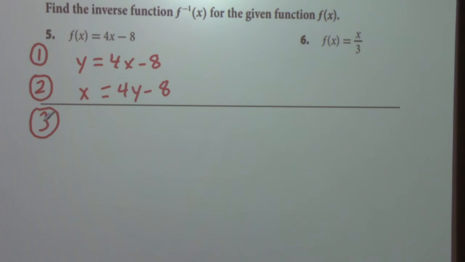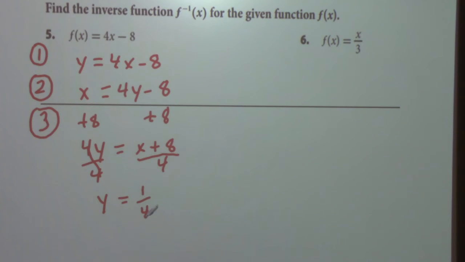Solve for y. So we're going to have plus 8, so we get 4y equals x plus 8. And then next, divide by 4. Okay, very good. So divide by 4, so we get y is equal to 1/4 x plus 2.